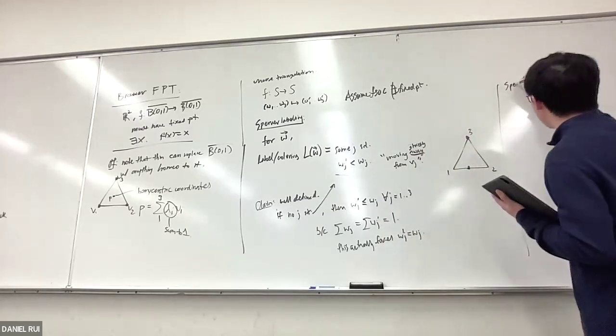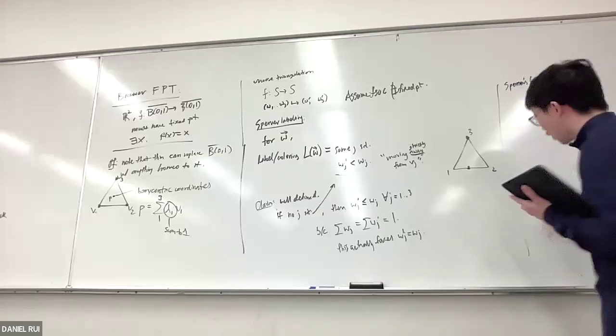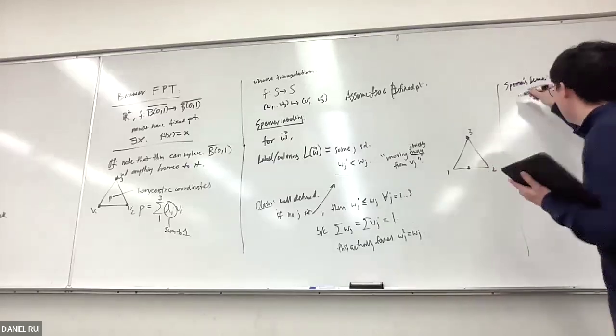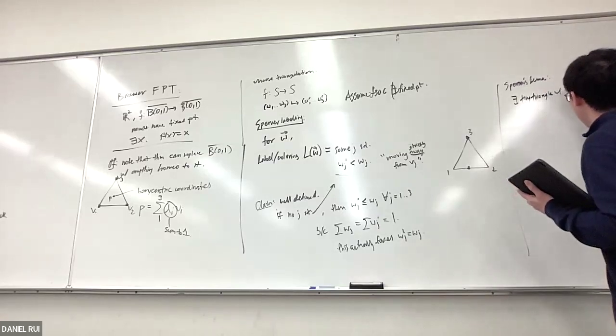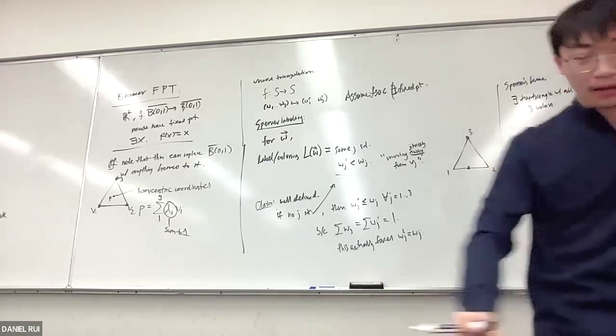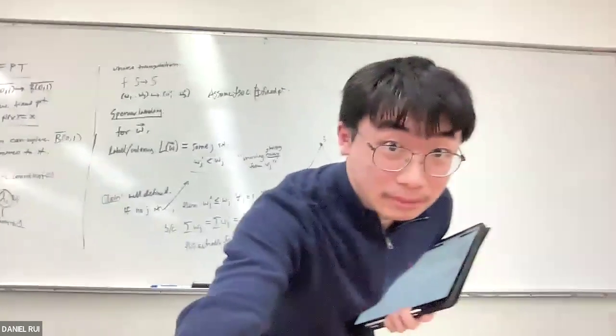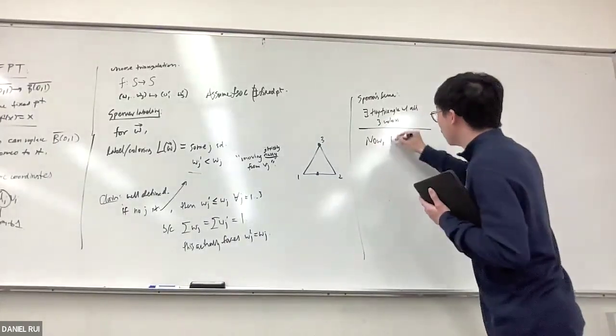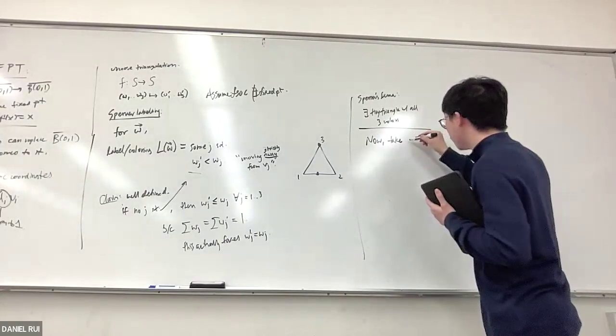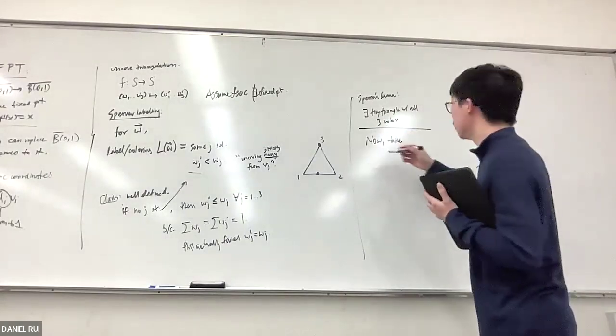So now I can apply Sperner's lemma. It tells me that I have a tiny triangle with all 3 colors. Now take a bunch of triangulations.